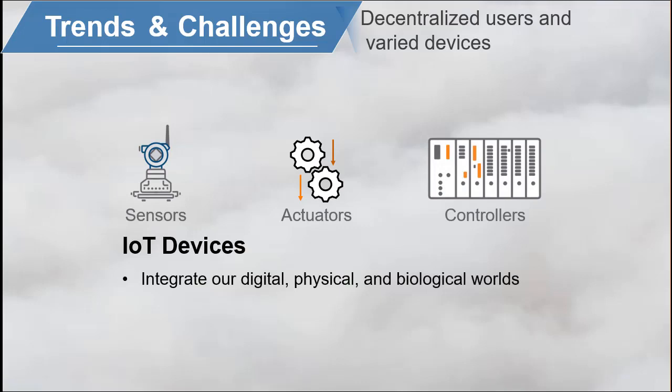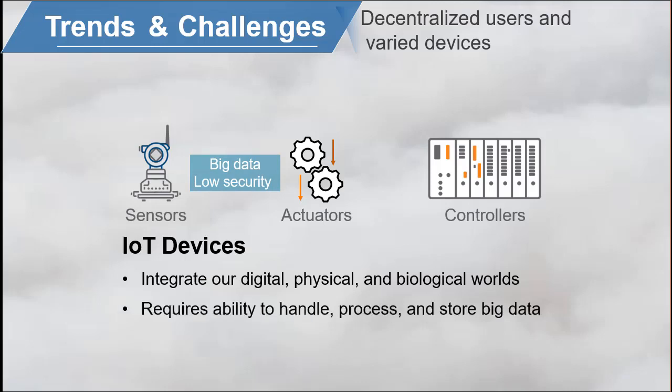Sensors can detect nearly anything: water pressure, heat, smoke alarm, proximity of expensive equipment and valuable humans, whether somebody is waiting at a traffic light or a crosswalk. Now, these systems can create a lot of data and can lack security features. As IoT systems proliferate, we must respond with the ability to efficiently handle, process, and store big data. We must keep these devices available with good redundancy and tight security.